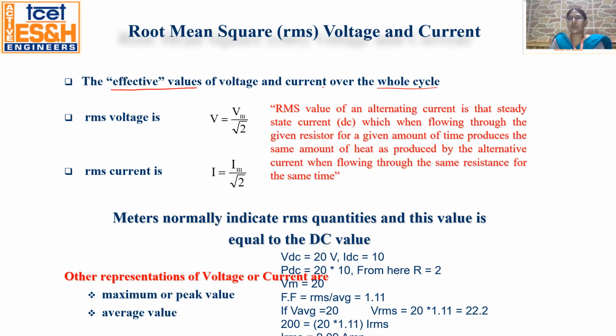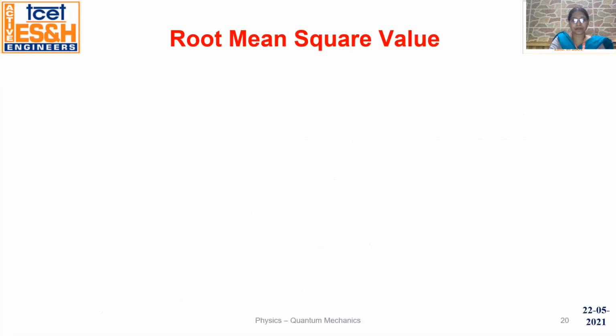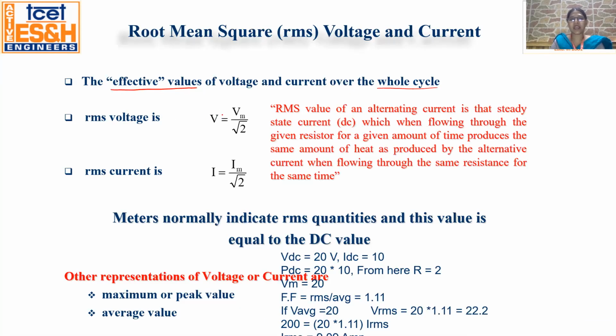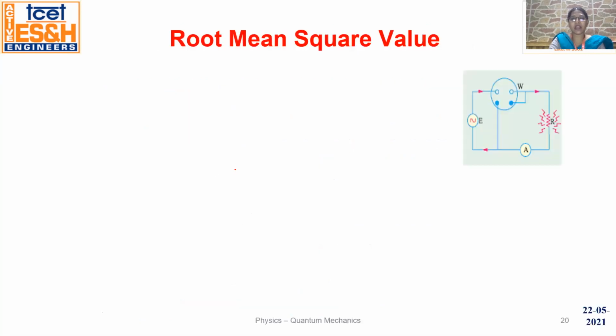The RMS value is a DC or steady state current which, when flowing through a given resistor for a given amount of time, produces the same amount of heat as that produced by the alternating current when flowing through the same resistance for the same time. And it is represented by V equals Vm by root 2 and I equals Im by root 2.